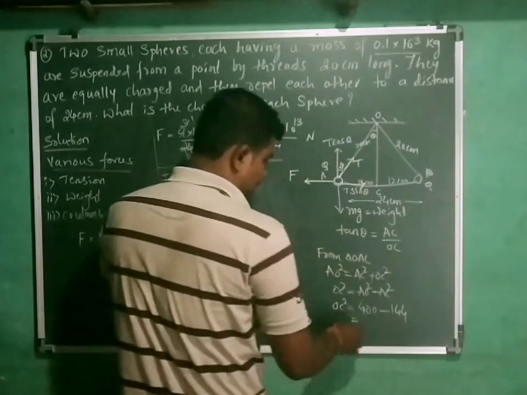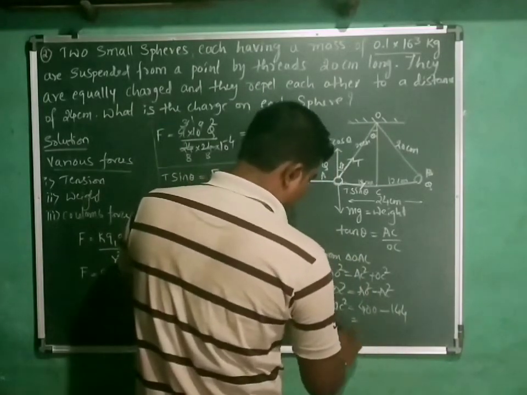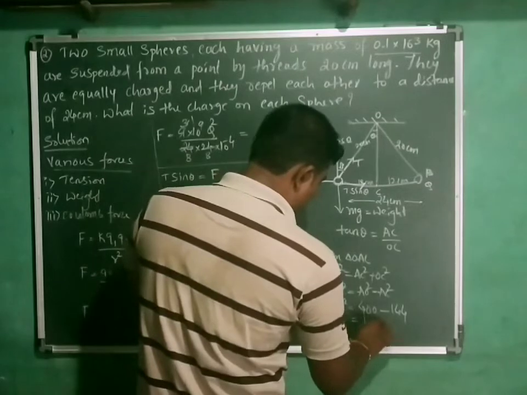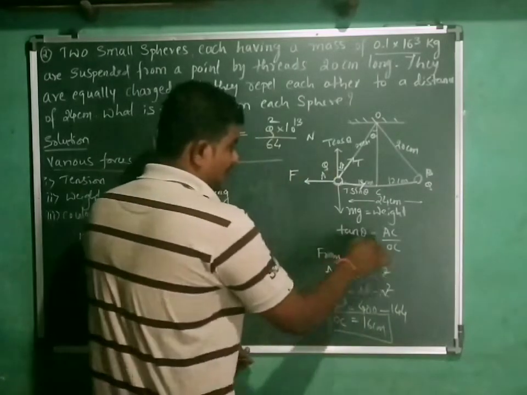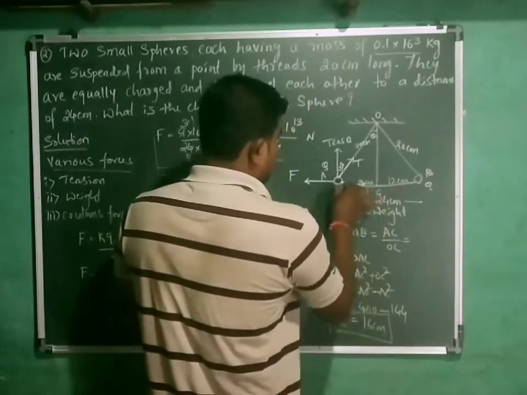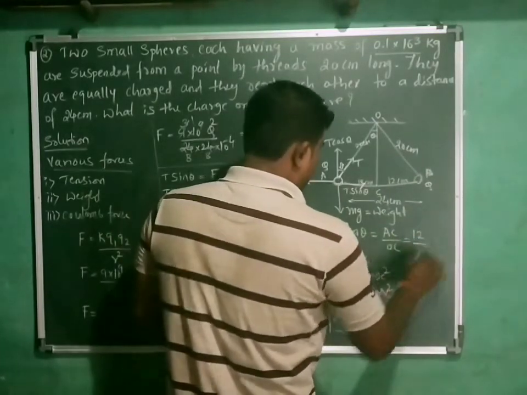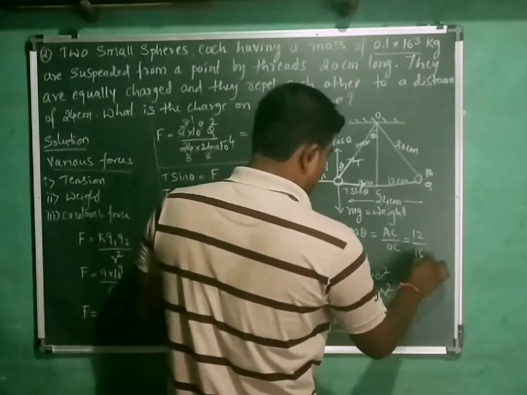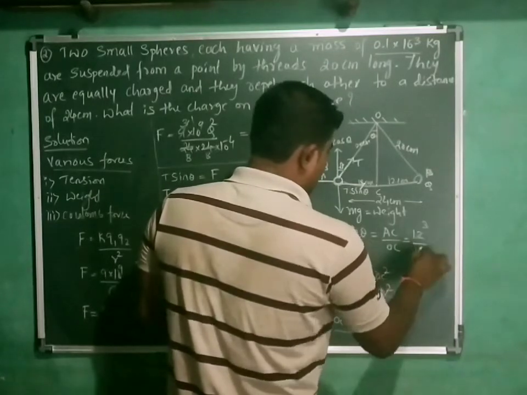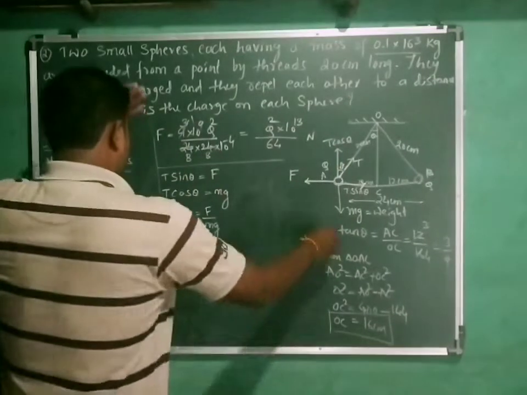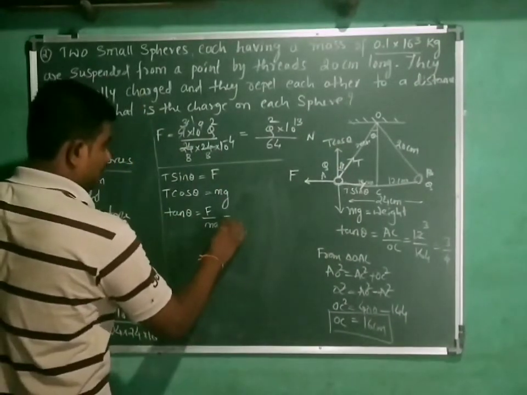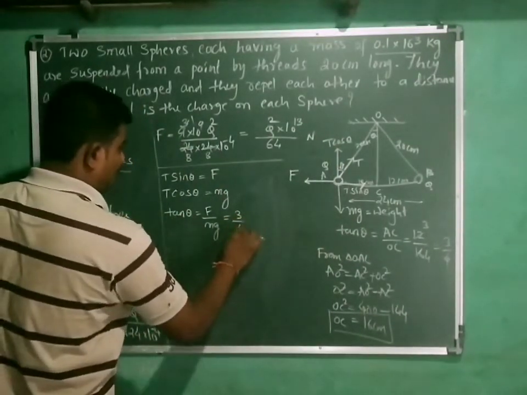Therefore it is 256, and the root of 256 is OC is equal to 16 centimeter. Therefore tan theta is equal to AC divided by OC. AC distance is 12, and OC distance is 16. So 4 3s are 12, 4 4s are 16. So I can write it as 3 divided by 4. So the tan theta value is 3 divided by 4.